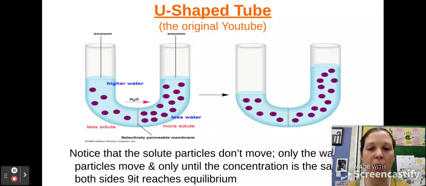If you have a concentration gradient, so you have one side that is more concentrated than the other, you will see water leave the less concentrated side to help balance out the ratio on the more concentrated side. As you look at this one on the left, there's less concentration on the left than there is on the right. So water will move away from the left side, raising the amount of water on the right side to help balance that out, because the particles cannot move through the membrane, but the water can.